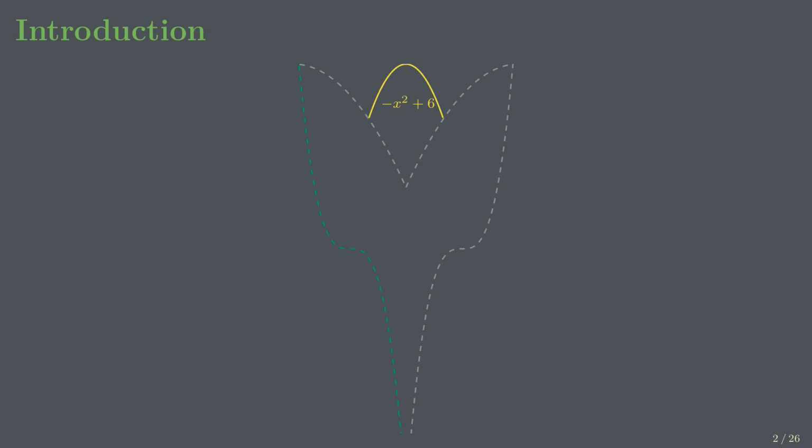In this case we use the quadratic function minus x squared plus 6 to draw such a curve. Similarly, for this part, there is also a piece of the graph of a quadratic function, and also for this one. The remaining parts of the picture are the graph of some cubic functions.